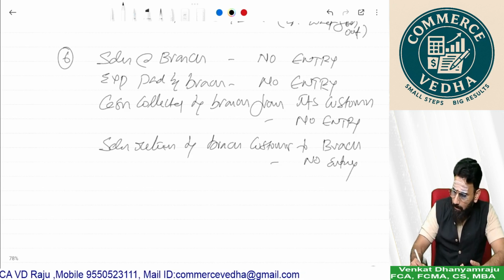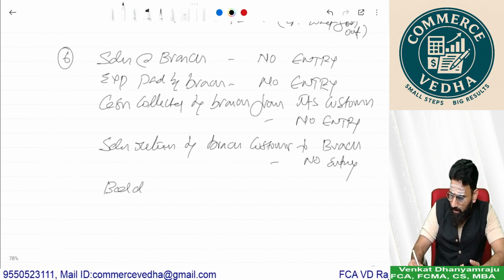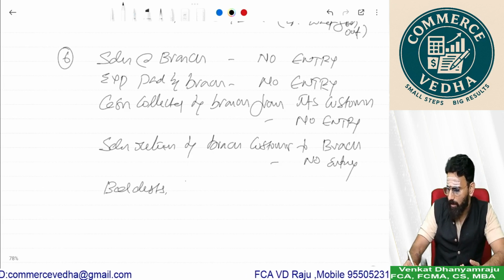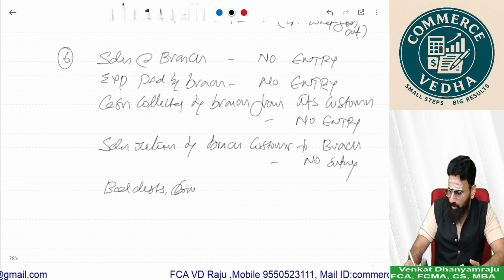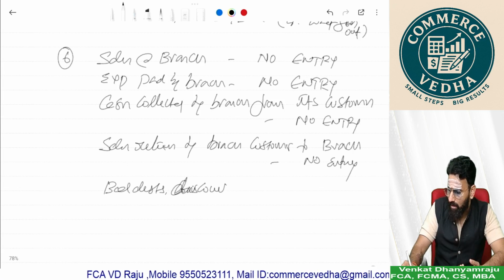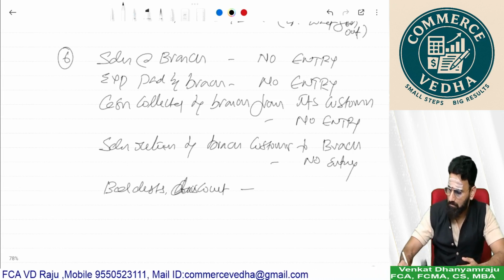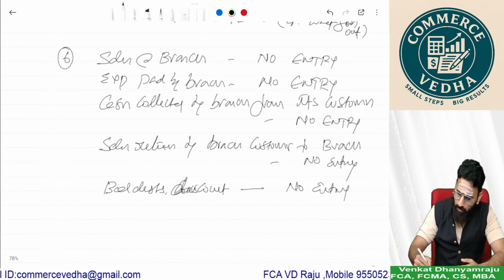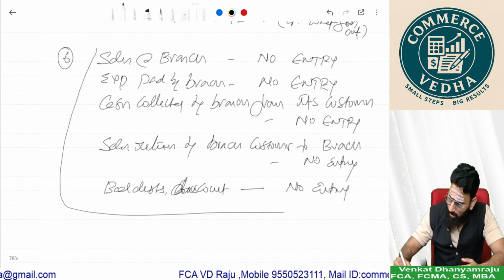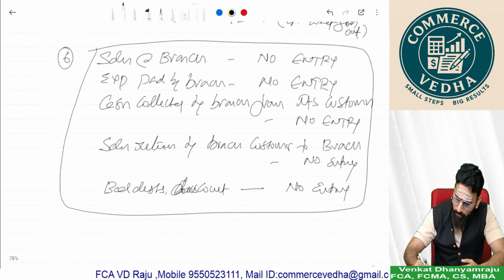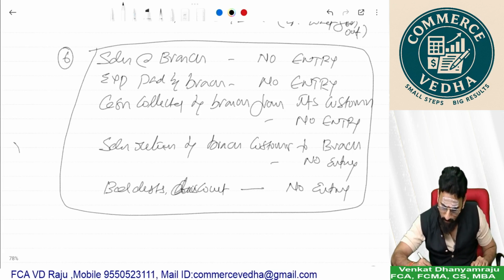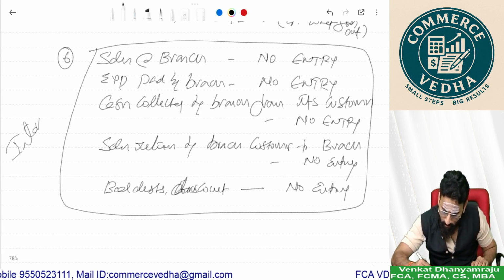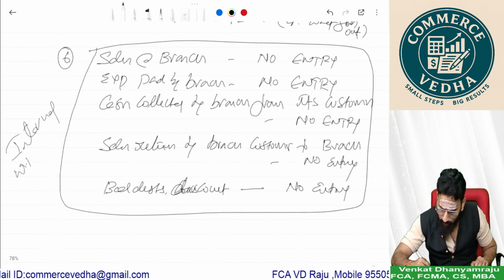And bad debts, commission, discount, bad debt discount, no entry. Why? Because these are all internal within the branch.